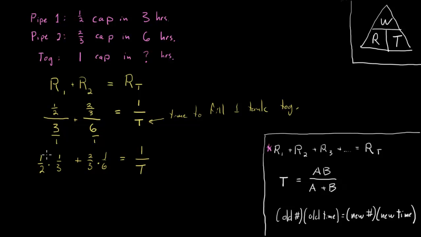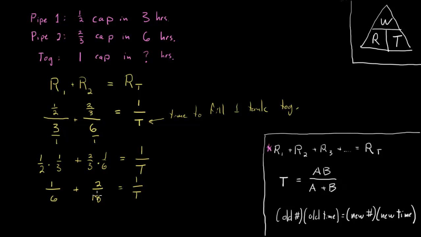Multiplying fractions, we just multiply across the top, multiply across the bottom. So our first term becomes 1 times 1 is 1, 2 times 3 is 6, plus our second term becomes 2 times 1 is 2, and 3 times 6 is 18, all equals 1 over t. And to add fractions, we need a common denominator.